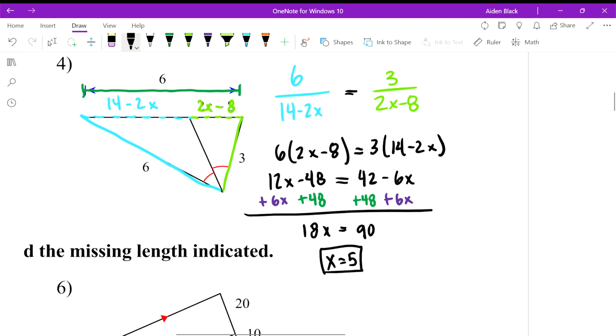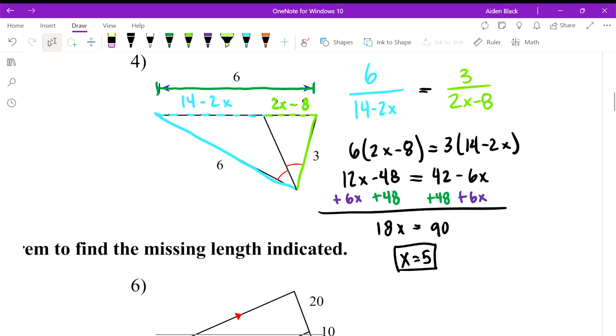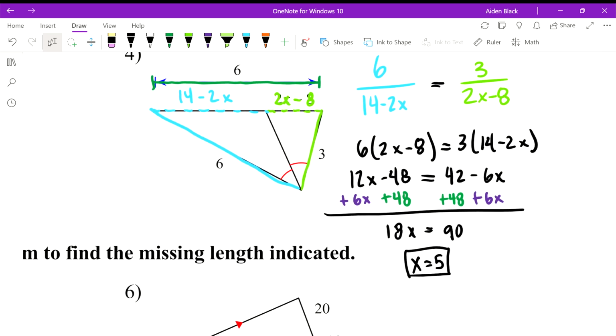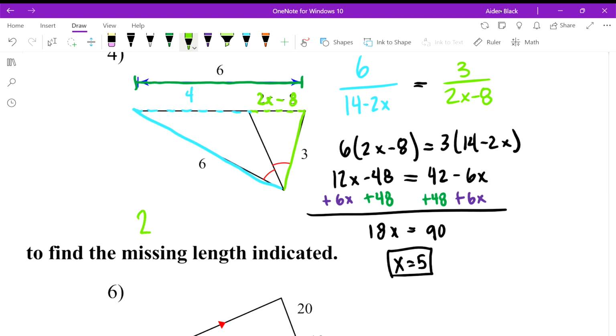Now when you plug that 5 back in, you should see some proportionality going on here. If we do 14 minus 2 times 5, we get 14 minus 10, which gives us 4. And when we plug it into 2x minus 8, where x is 5, we get 10 minus 8, which gives us 2.